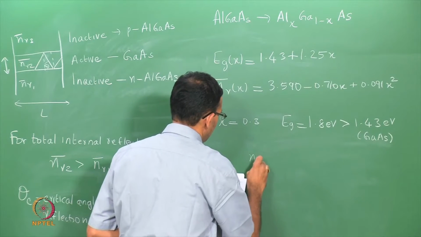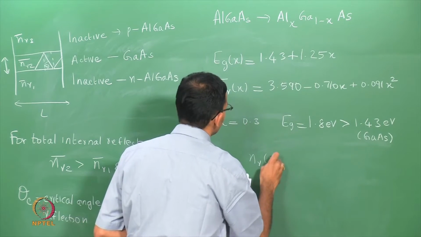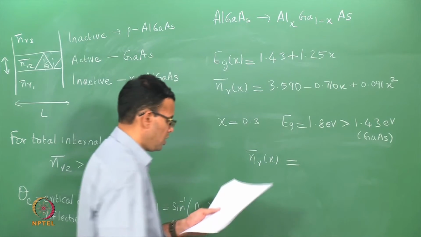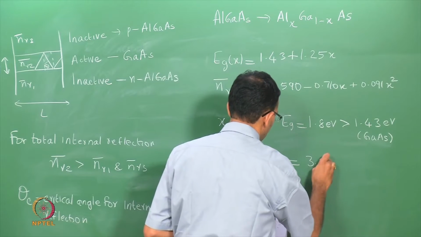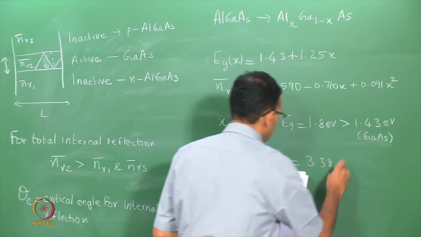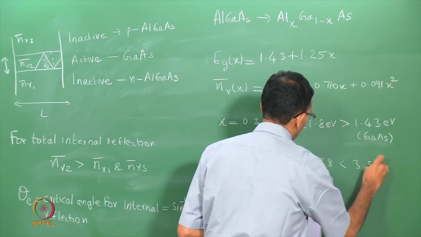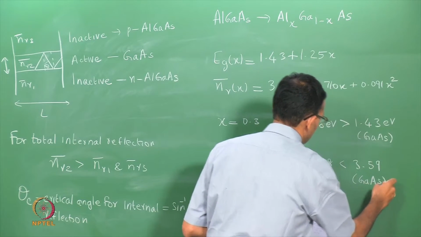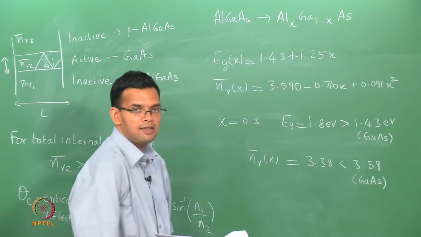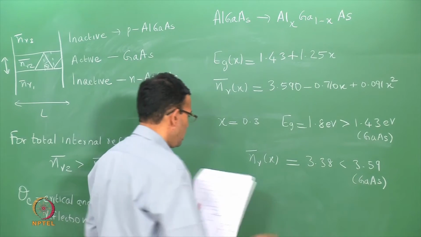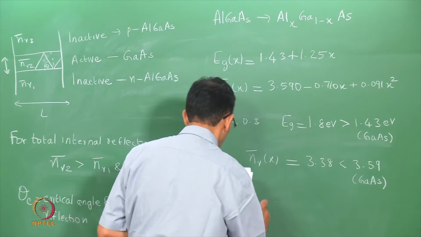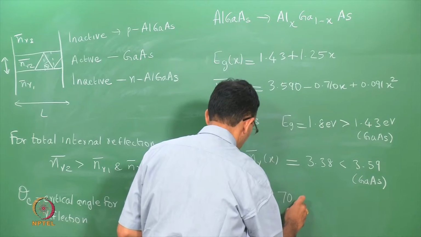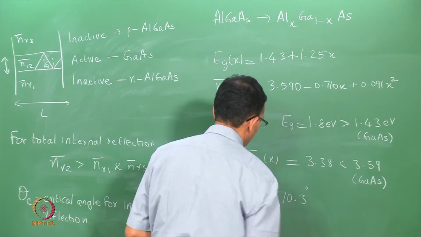Similarly, you can calculate the refractive index for x equal to 0.3, which is 3.38, which is less than 3.59, which is the value of gallium arsenide. So, we can calculate the critical angle for total internal reflection. Theta c comes out to be 70.3 degrees.